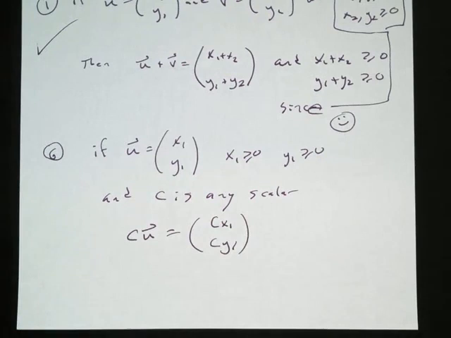In order to be part of my set, this must obey the rule. Does it? Why not, Brock? Ah, crap. If I let c be a negative number, that's not going to be positive, is it?